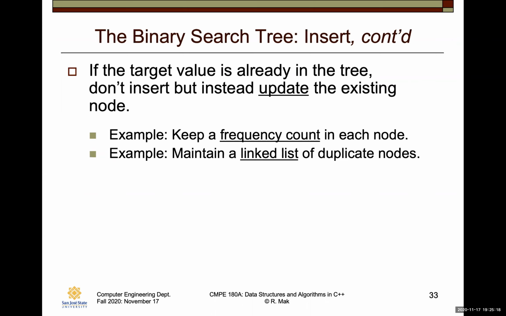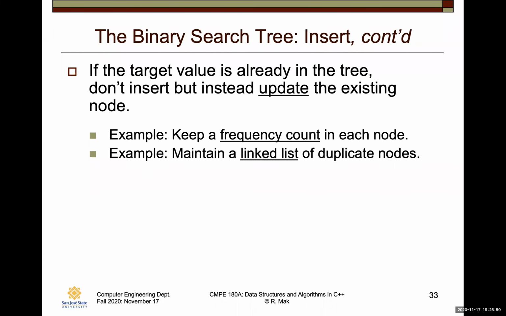So for example, you could have a counter that says how frequently this value is supposed to be in the tree. So instead of inserting another node with the same value, you just update the existing node, maybe by incrementing this counter. Or another solution is to have a linked list.